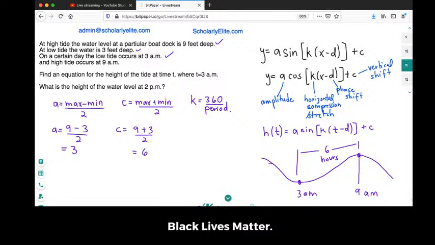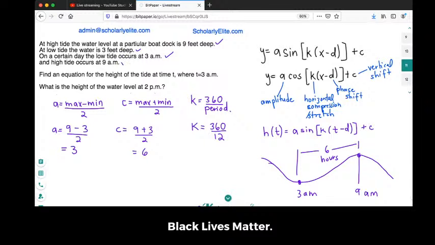Which tells us that there's another half of the cycle that happens later on, which tells us that the entire period of this function is 12 hours. So my k value is going to be 360 divided by 12.